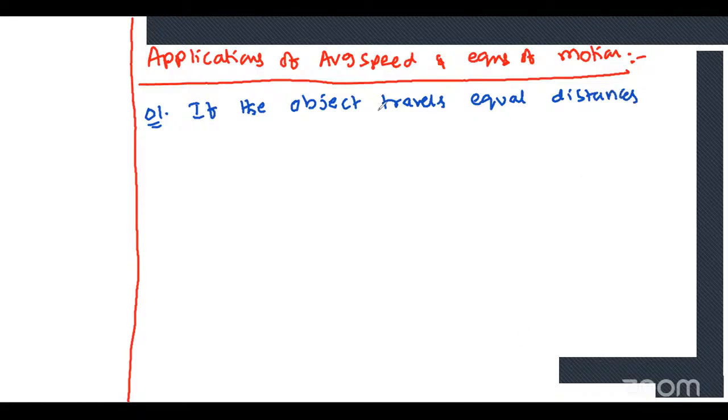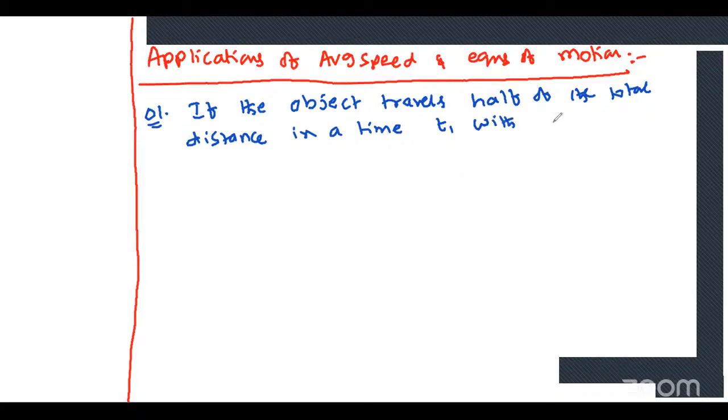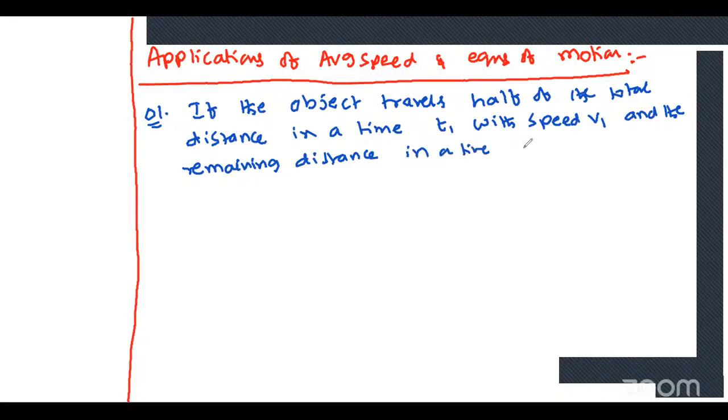If the object travels half of the total distance in a time t1 with speed v1, and the remaining distance in a time t2 with speed v2, then find the average speed.